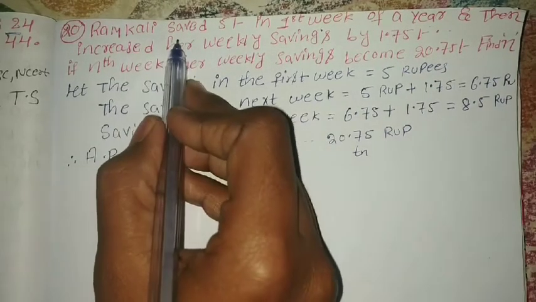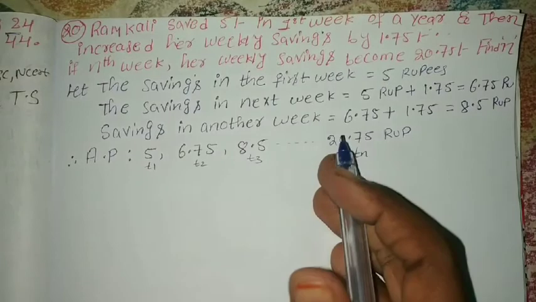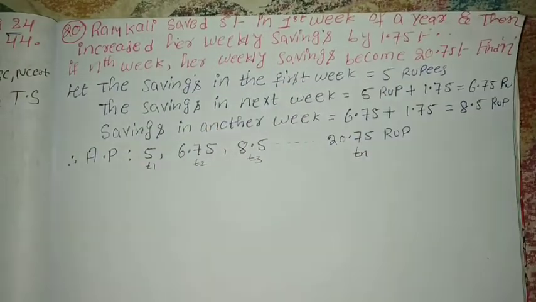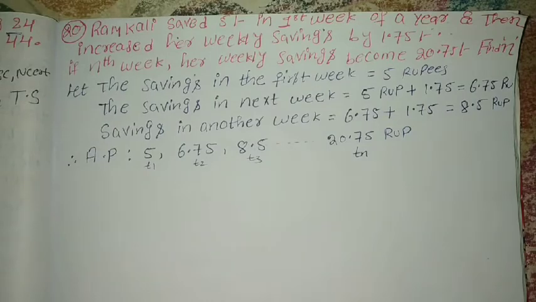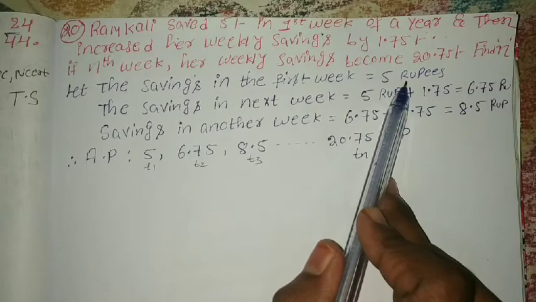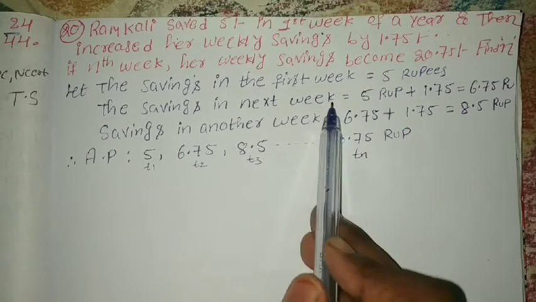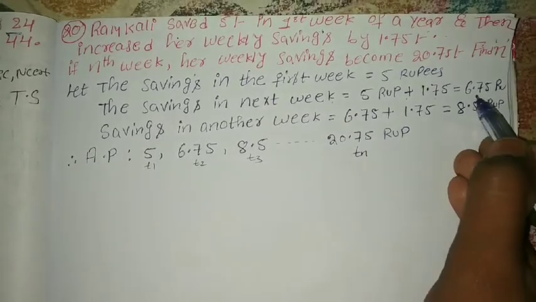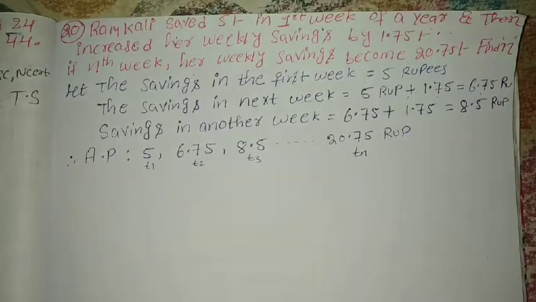Ram Kali saved 5 rupees in the first week of a year and then increased her weekly savings by 1.75 rupees. See, in the first week she gets 5 rupees and the next week 5 rupees plus 1.75 rupees, then it will become 6.75 rupees.